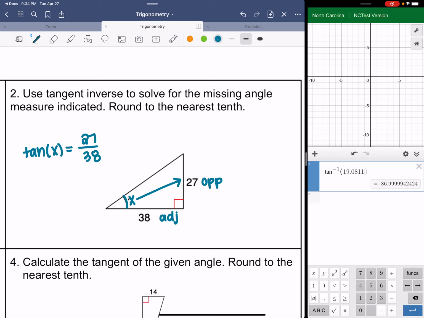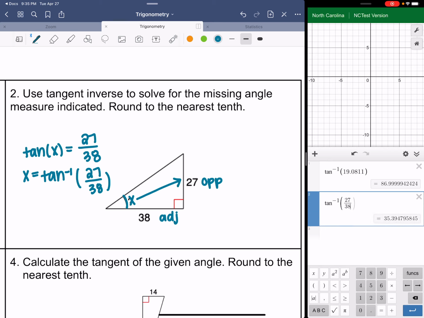Now we're going to apply tangent inverse to that ratio, leaving us with x equals tan inverse 27 over 38. That gives us 35.39. If we're rounding to the nearest tenth, the 9 is going to bump that 0.3 up to a 0.4.